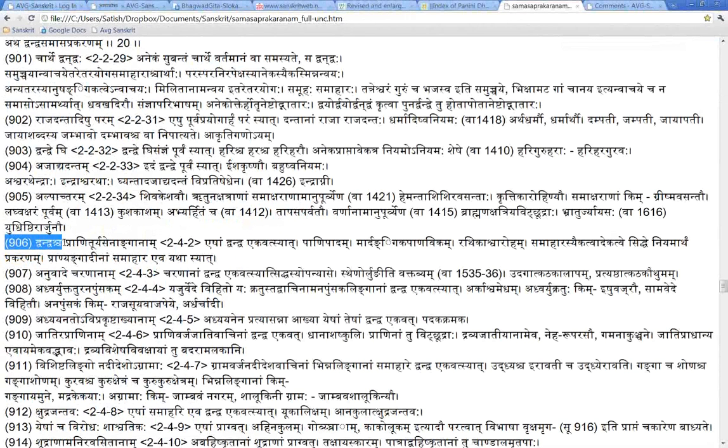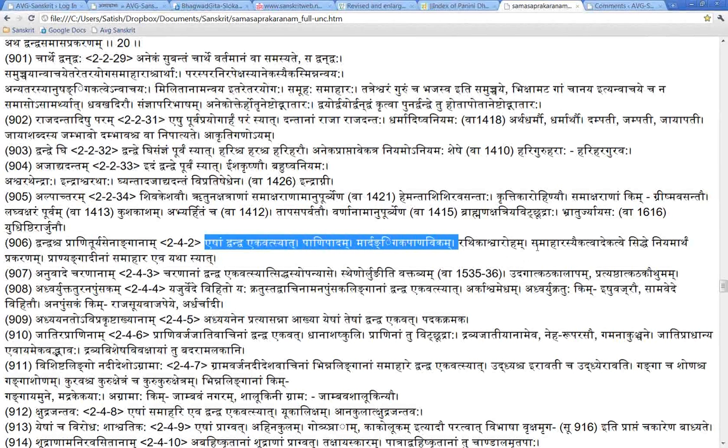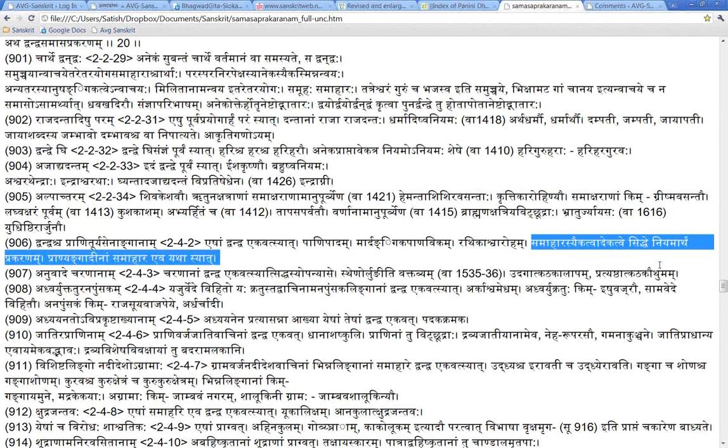Dvandvascha Praniturya Senanganam Eshan Dvandvaha Ekavasyat Panipadam, and so on. And then he says Samaharascha Ekatvat Ekatve Siddhe Niyamartham Prakaranam. Entire Prakaranam Niyamartham. This will be only in Samahararthe. Samahara. It will not be in Itaritra Yogaha.